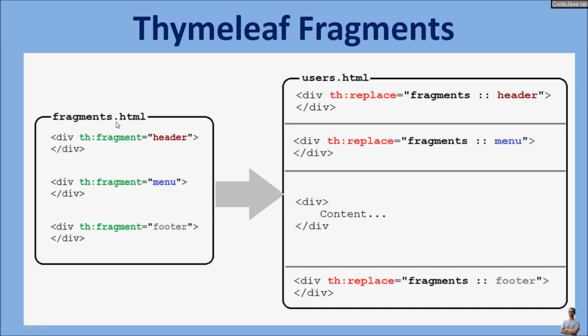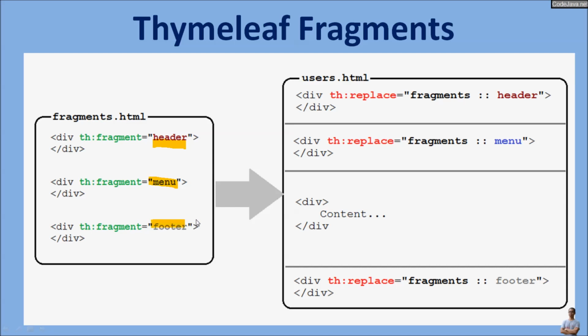And this picture helps to understand how to use fragments in Thymeleaf. In the HTML file that contains reusable code snippets, we define each code snippet in a div section and assign the name for the fragment using the attribute th:fragment. So you can see in this HTML file there are three fragments with three different names: header, menu, and footer.